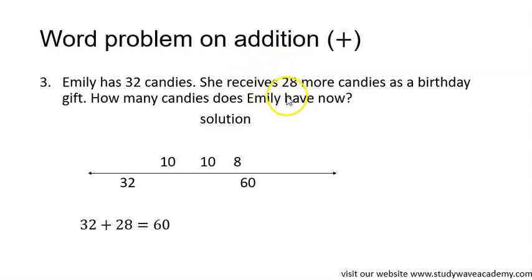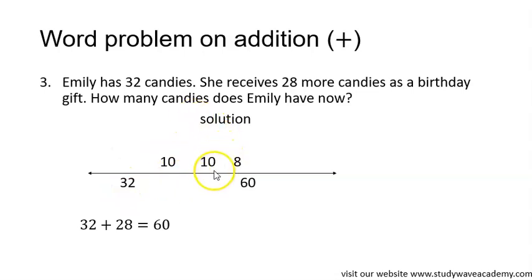How many tens does 28 have? Just 2 tens, right? Good. So write down 10, 10, and put down 8. So now we are going to be moving from 32 by 10 steps, okay?